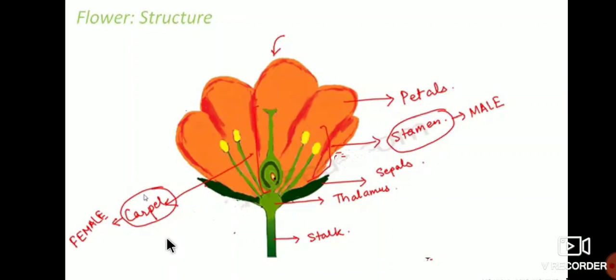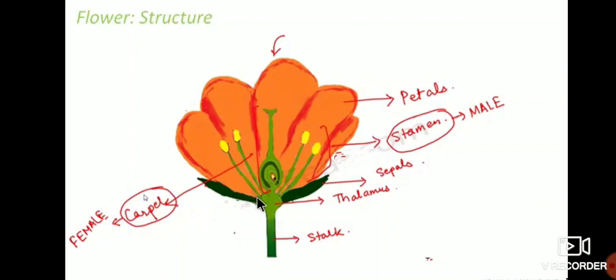The flower contains first the stalk, the thalamus, and the sepals. Then the stamen; these two are called the stamen. These are the male parts, and these are called petals. And this one is the carpel.